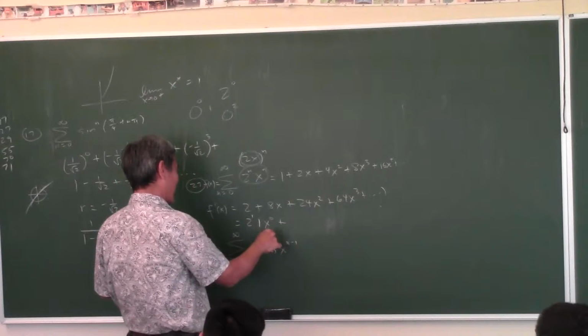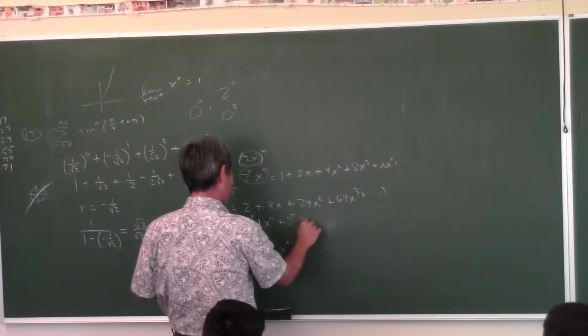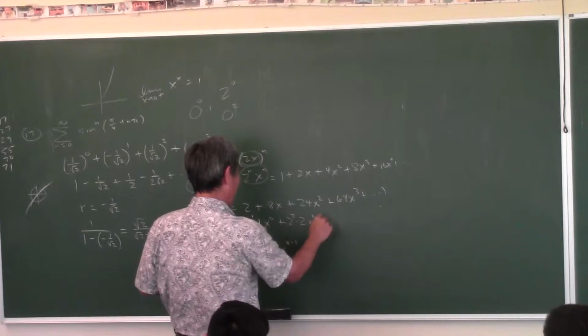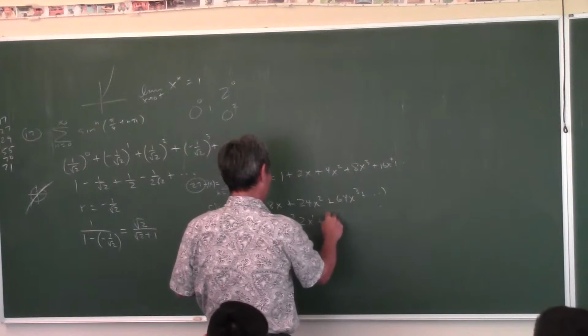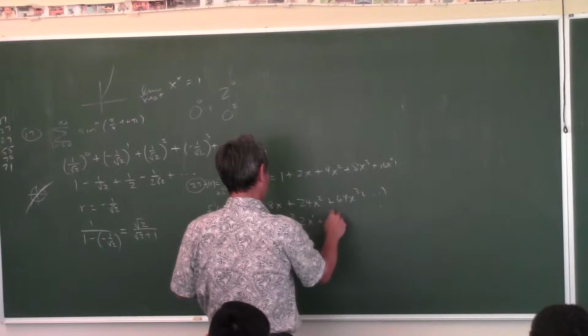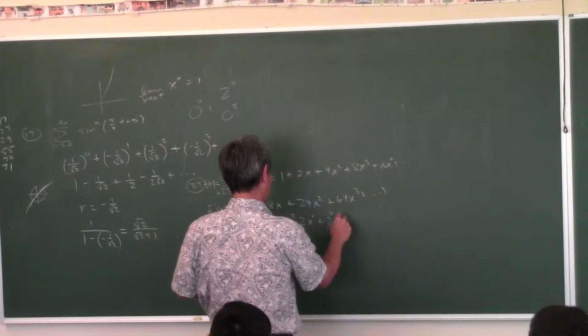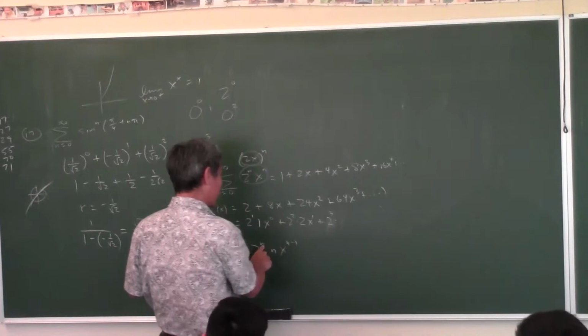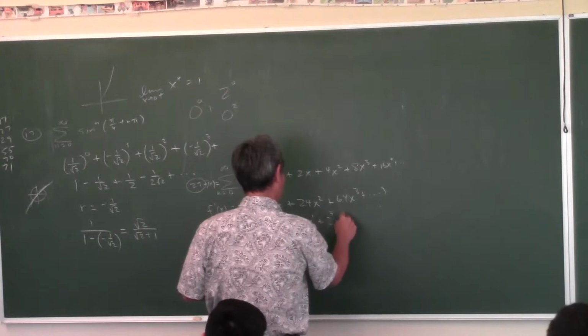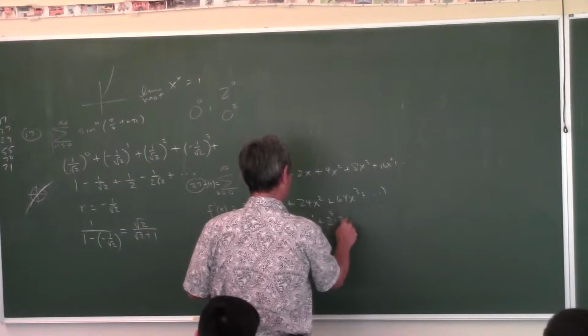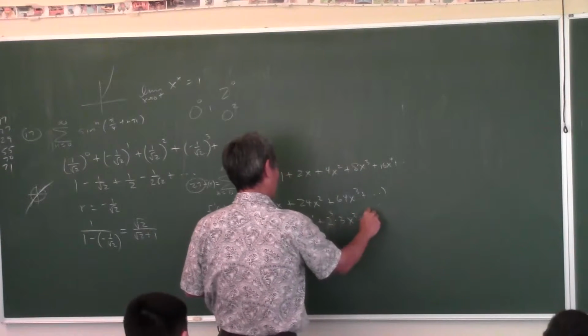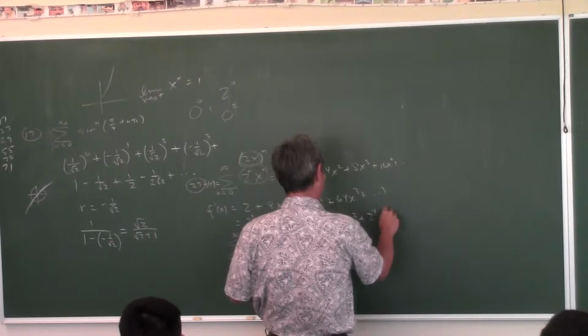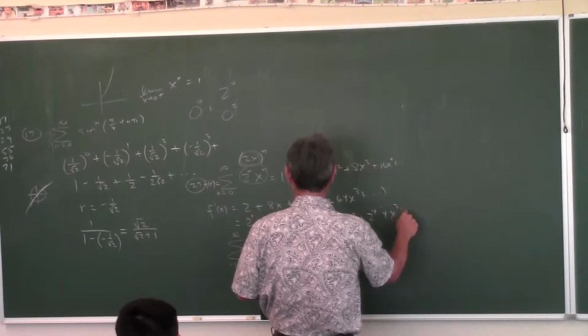How do you break down 8? 2 squared times 2 times x to the first. How do you break down 24? 2 cubed times 3, times x squared. 2 to the 4 times 4 x cubed plus dot dot dot.